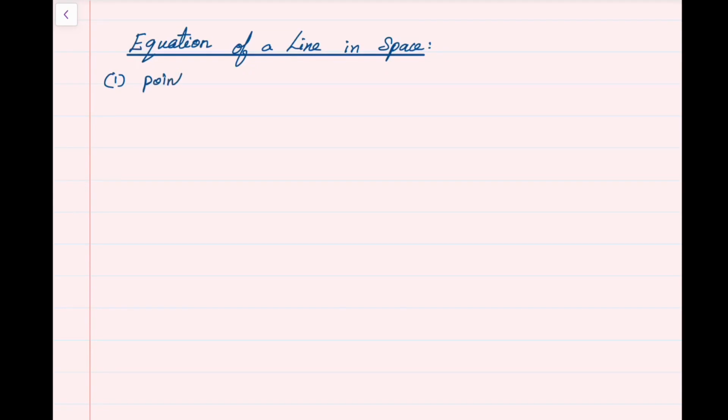Now let us learn how to find the equation of a straight line in three-dimensional geometry. The first one, let us write the equation of a line when a point on a line and the direction of the line are given.